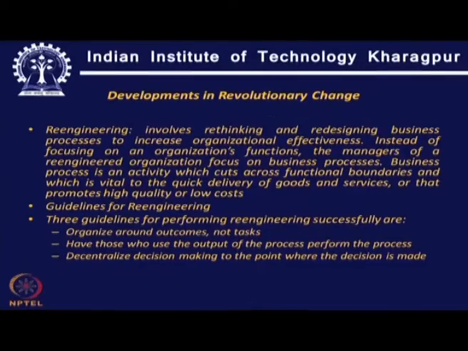The guidelines for re-engineering are these. We should first try to organize around the outcomes and not the tasks, like what we have to deliver. That should be the first thing that we focus on, then what we have to deliver and when, and then we will try to map other things to it.